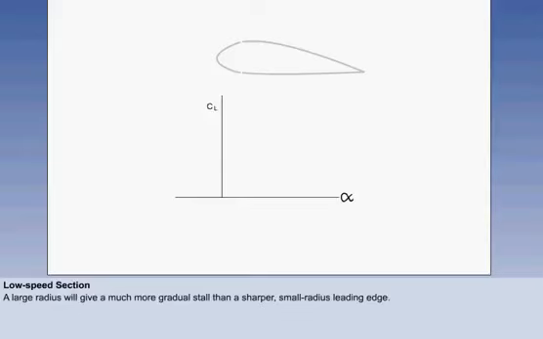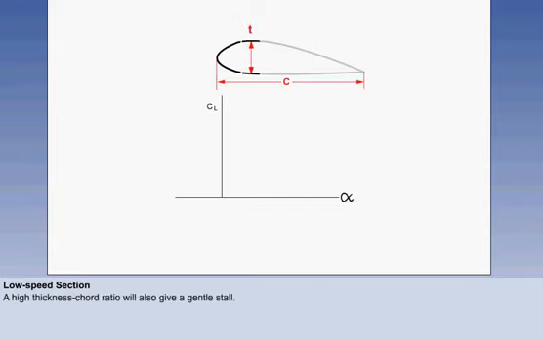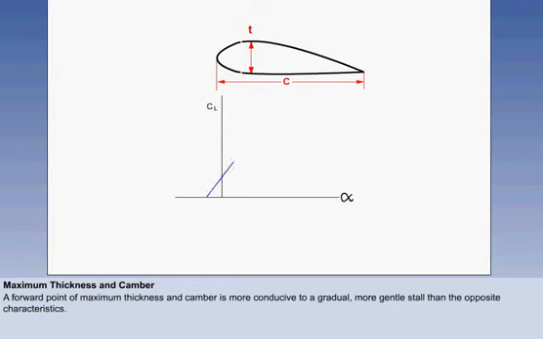First, the radius of the leading edge. A large radius will give a much more gradual stall than a sharper, small radius leading edge. Likewise, a thick section, greater camber, particularly near the leading edge, and a forward point of maximum thickness and camber are all more conducive to a gradual, more gentle stall than the opposite characteristics.